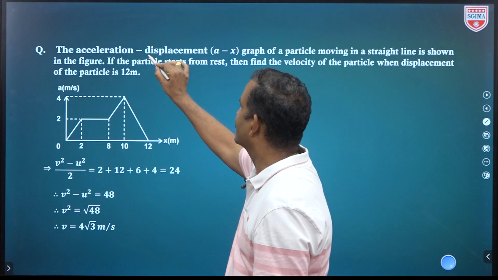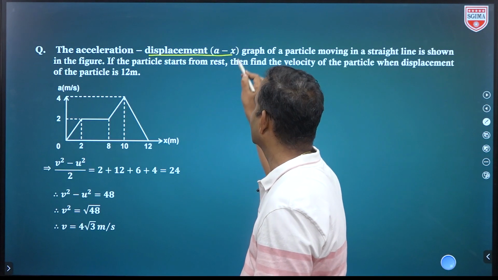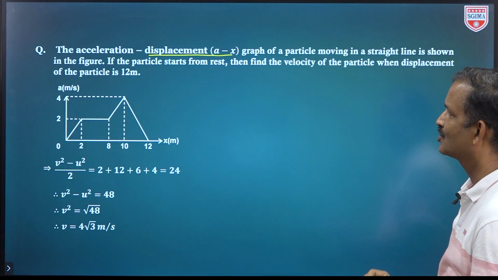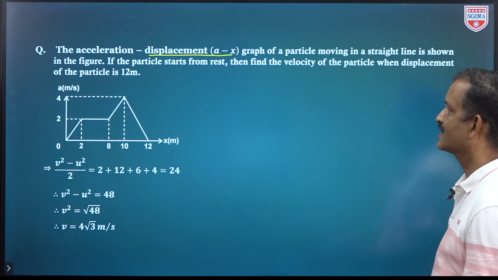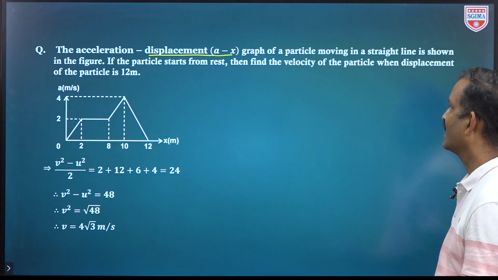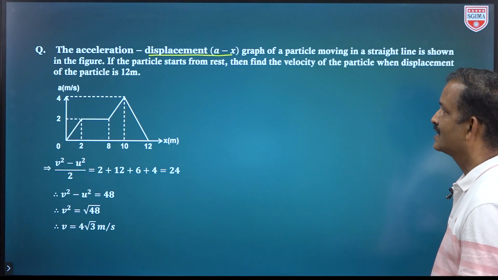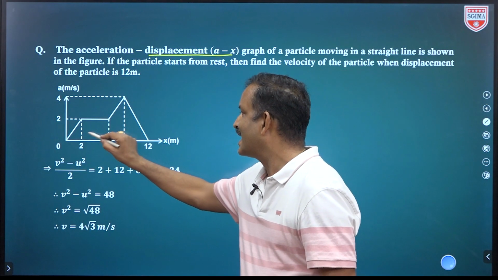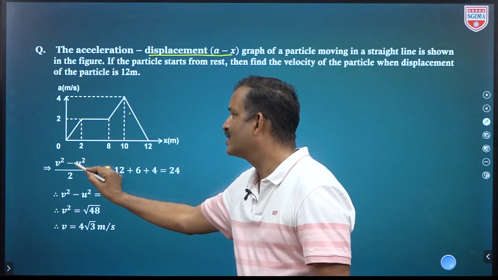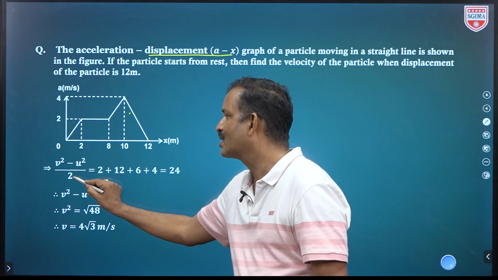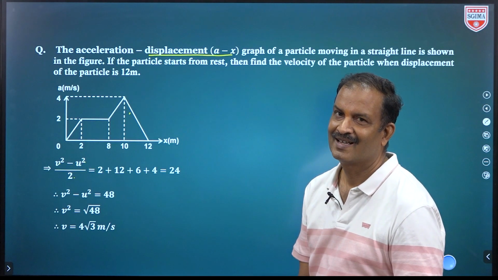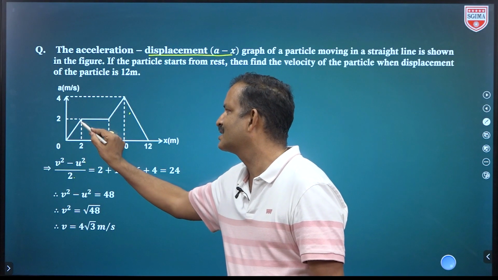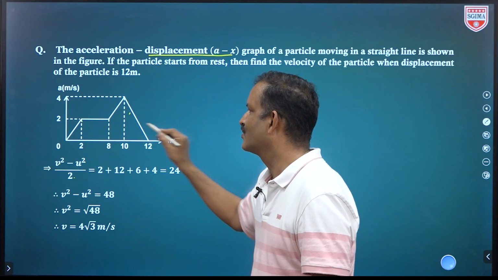The acceleration-displacement graph of a particle moving in a straight line is shown in the figure. A particle starts from rest, then find the velocity of the particle when the displacement of the particle is 12 meters. So this acceleration-displacement graph area is v square minus u square by 2. What is this area? How can you calculate it?